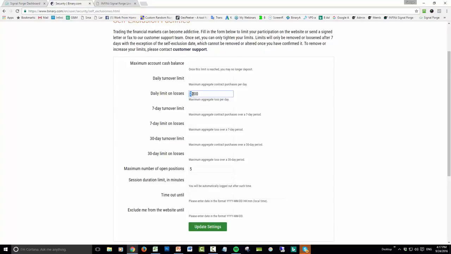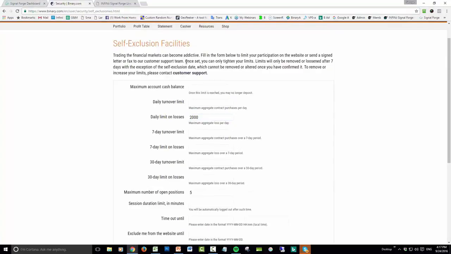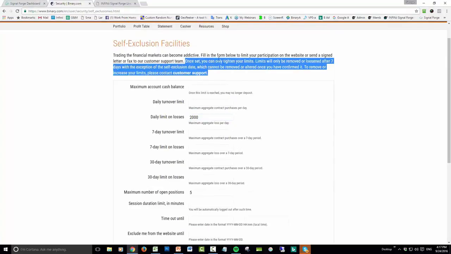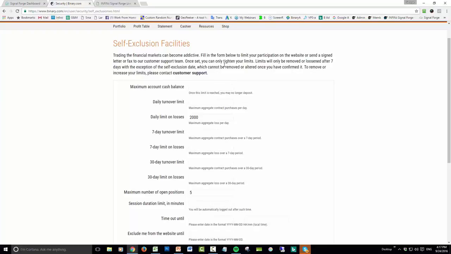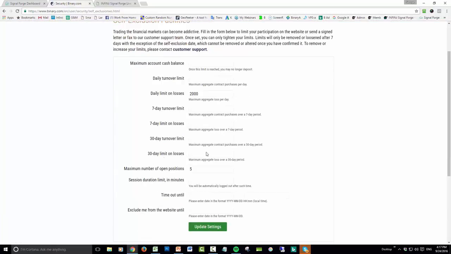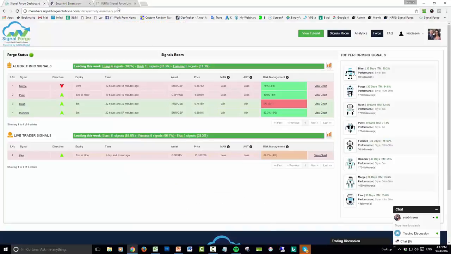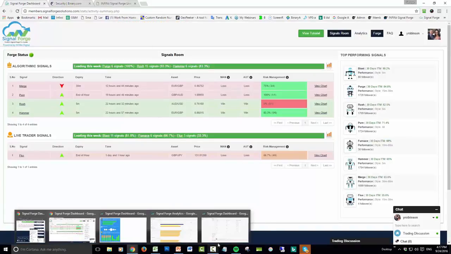That's hard. I can try changing it in here, but it won't let me either. I've got to, as it says here, contact customer support to increase it. And you see the number of open positions again, that's set in here as well.